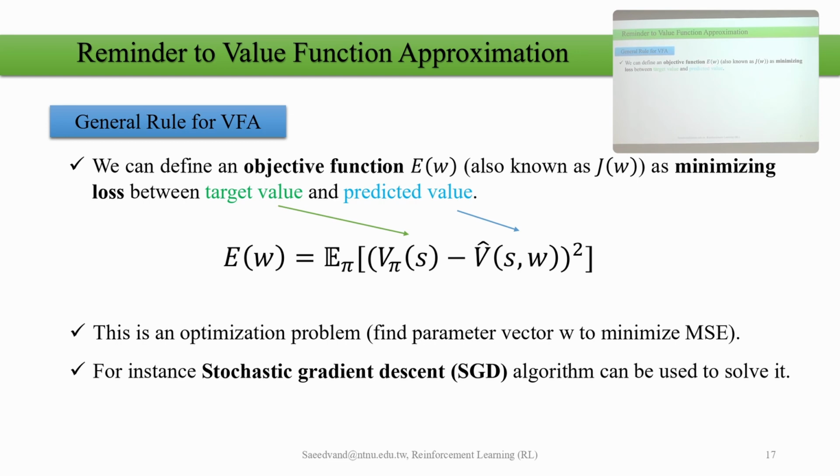We can define the objective function as E of W, also known as J of W, to minimize the loss between the target value and the prediction value. So what does it mean, target value and prediction value? Have a look here. We have the error E of W, where W is the weights that we want to find for our network.